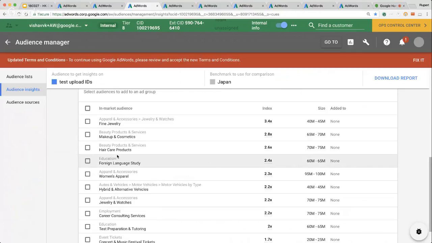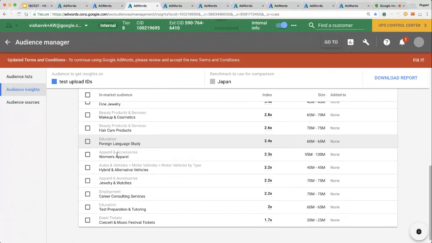But there are also some non-intuitive audiences, including career consulting services or concert and music festival tickets. These are not really jewelry related, but based on our system, we're able to find that people who are showing intent in career consulting or concerts and music festivals are also interested in jewelry brands.